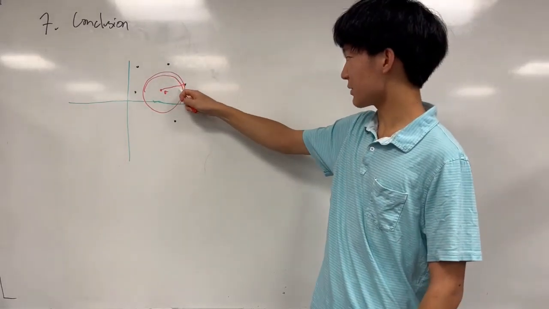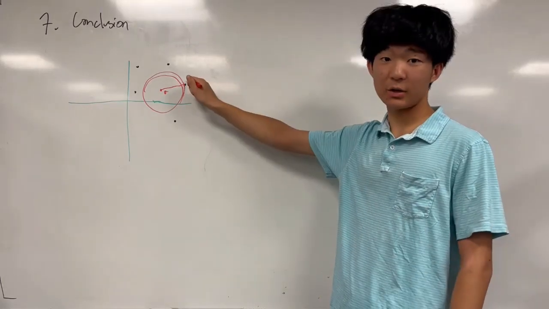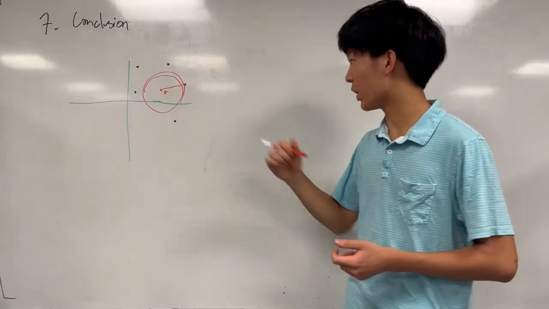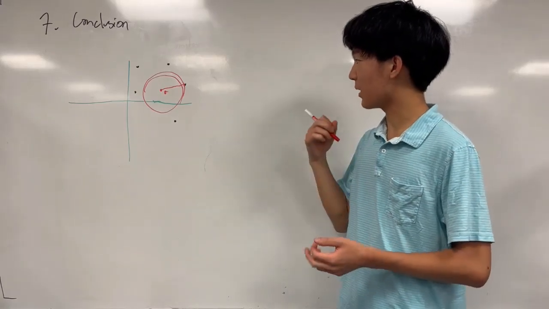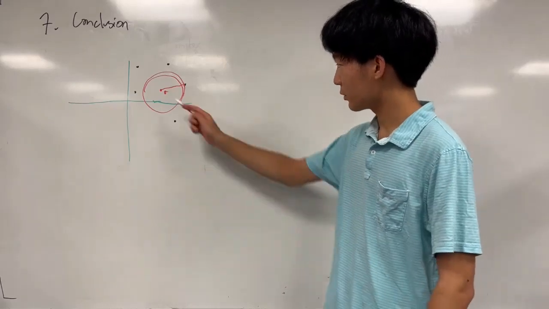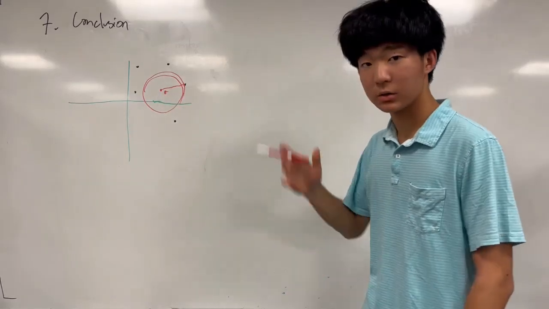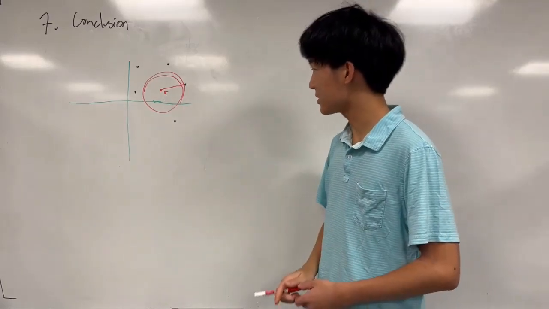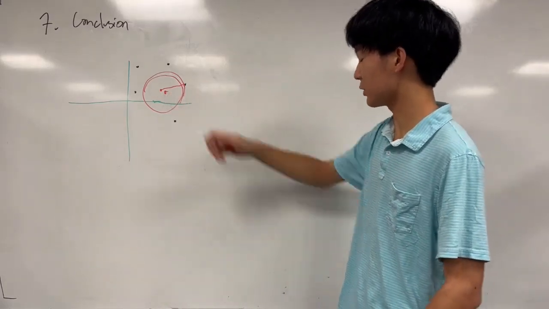Because if the radius of this circle was any larger, that singularity would be enclosed in it. At that singularity, the function is not well behaved, and so f of z would not be holomorphic over that area. So the radius of convergence for our power series expansion centered at this point A is just the distance from A to the nearest singularity.